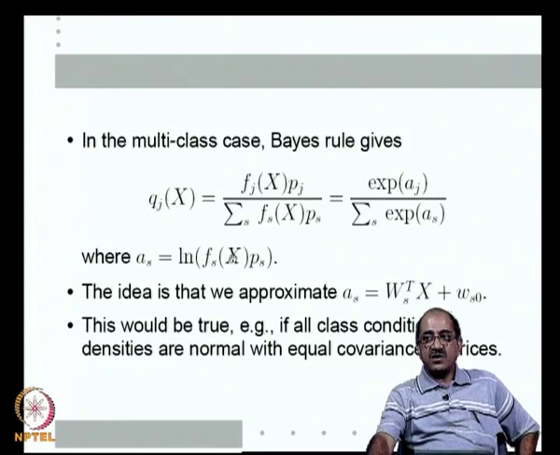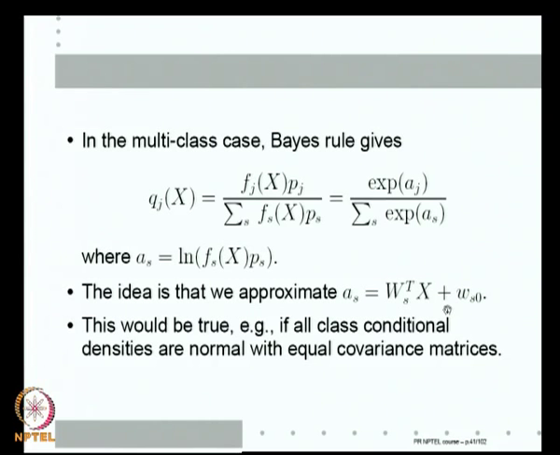The quadratic term will always be x transpose sigma x, and that sigma is not class specific. So, that will come out as a common factor in all these things and it will cancel, right. And hence, I can approximate the posterior probability with a function of this form, where each a has a form like this. So, this is one case where this approximation is exact. In many other cases also the approximation may be nice.